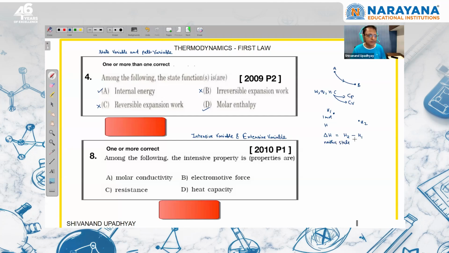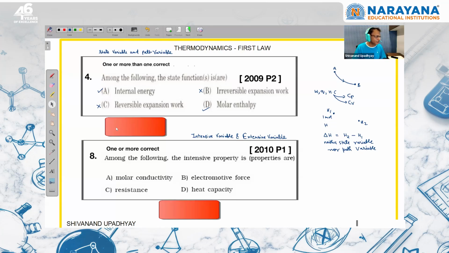Because in order to define delta H, we need two states. It is not defined at a particular state. That's why it is not a state variable. And it is not a path variable because delta H depends on the initial and final state. It does not depend on path.